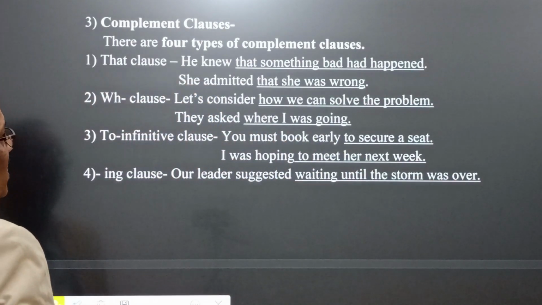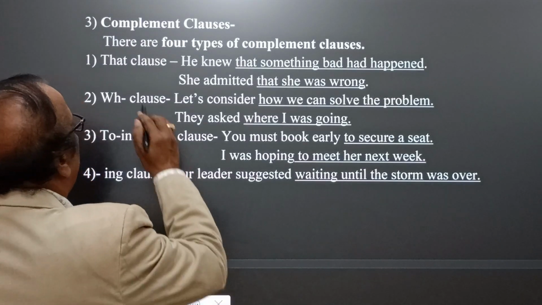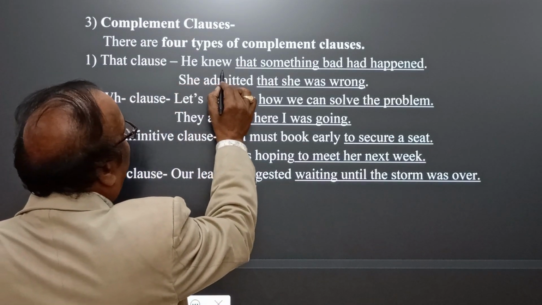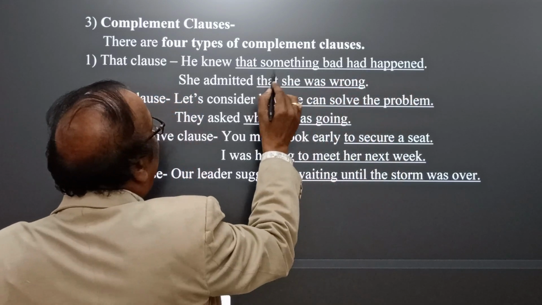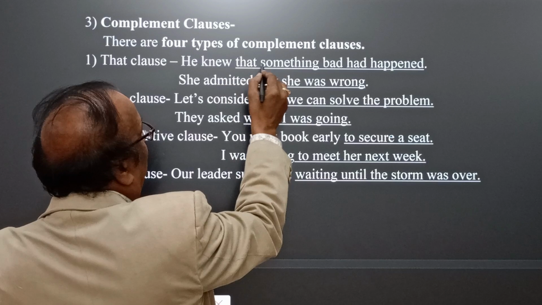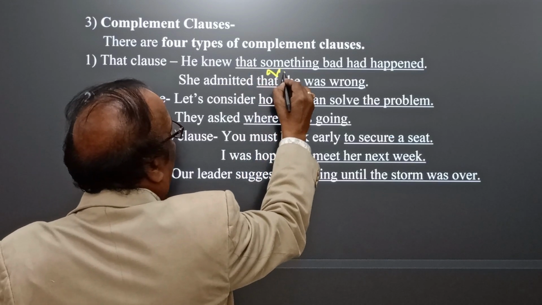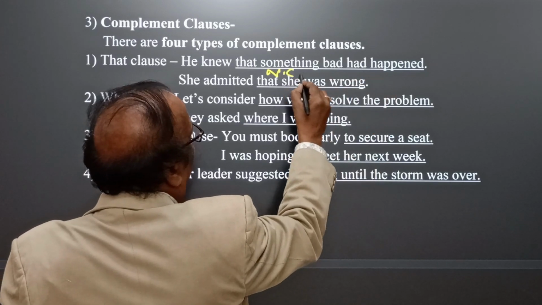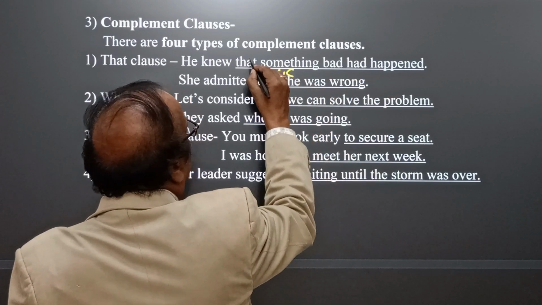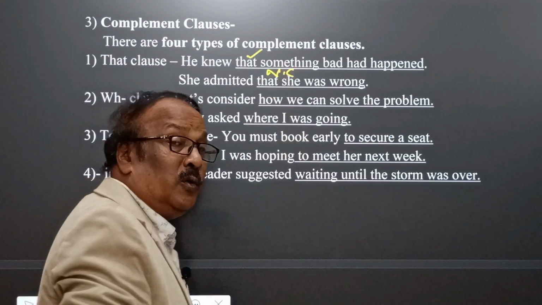Now the example, that clause. You see here, he knew that something bad had happened. He knew what? That something bad had happened, here a noun clause. This that clause is also a noun clause.